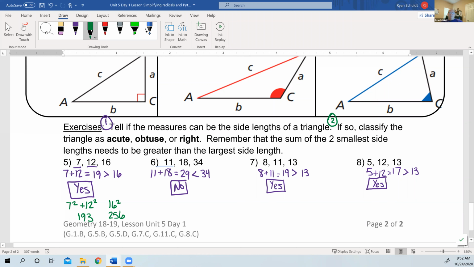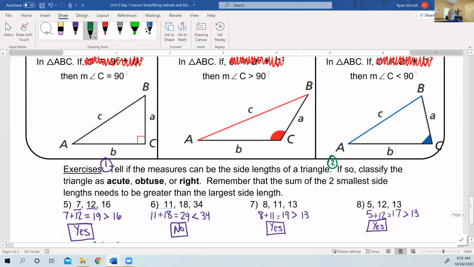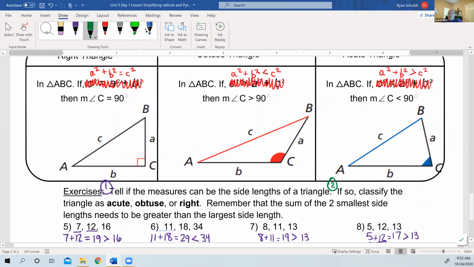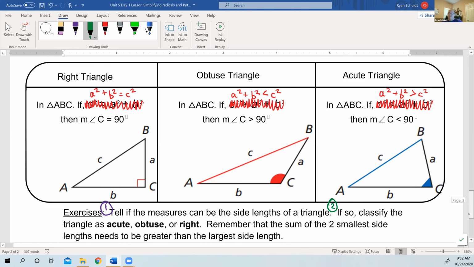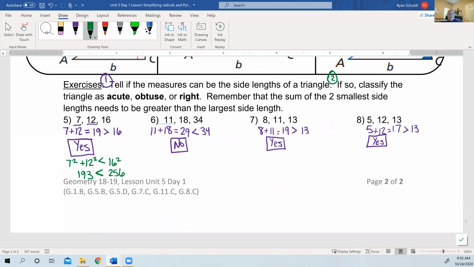So how do these compare? Which one is bigger? The 256 is bigger. So which one has c squared being bigger up here? This middle one, which means it is obtuse. C squared is bigger, so we're obtuse. This tells us over here that we are obtuse.